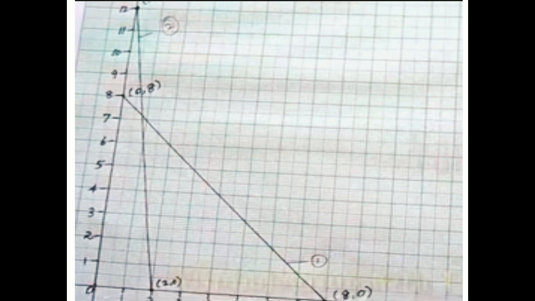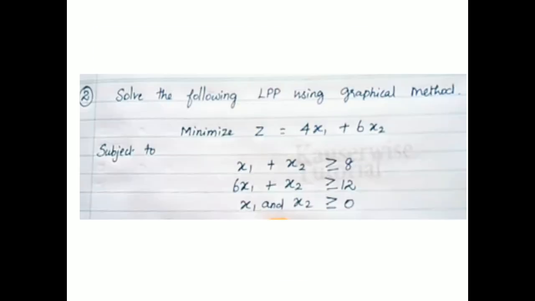Now, for finding the feasible area for the second inequality constraint, again I take the inequality constraint equation, that is 6x1 plus x2 greater than or equal to 12. First I put x1 and x2 equal to 0, 0. After putting x1 and x2 equal to 0, 0, I get 0, but as per the inequality constraint, 0 is not greater than or equal to 12.